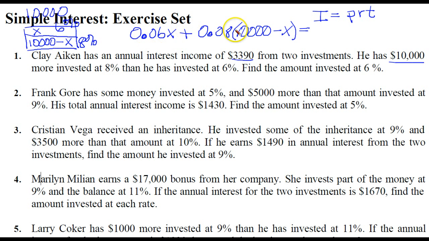So the sum of these two interests will be, and there is our equation.